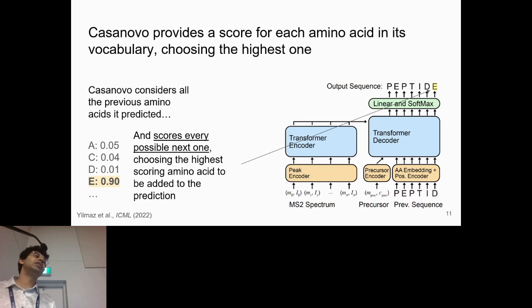I also don't think C belongs in the next position, definitely not D, but I do think E belongs there, right? So that's going to be given to us with the highest number in that little list. And what we're going to do is say, all right, you think E belongs there, wonderful. We're going to put it there and then keep predicting until you tell us to stop. So that's generally how autoregressive next token prediction works for these transformer models and for Casanovo. So maybe you're seeing how we can start extracting insights here for a peptide spectrum pair.